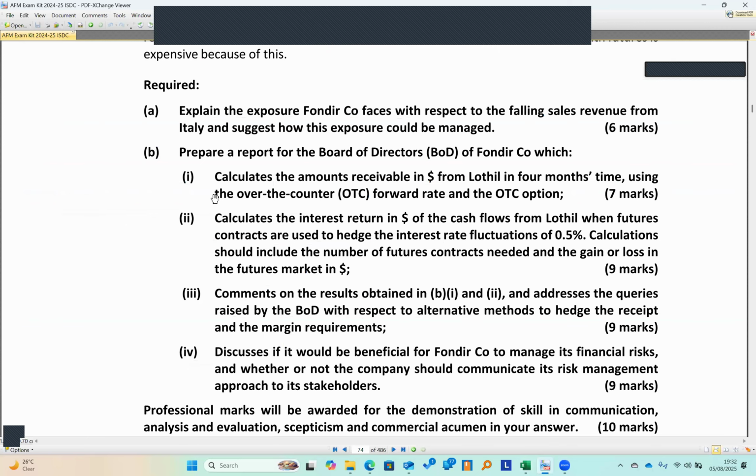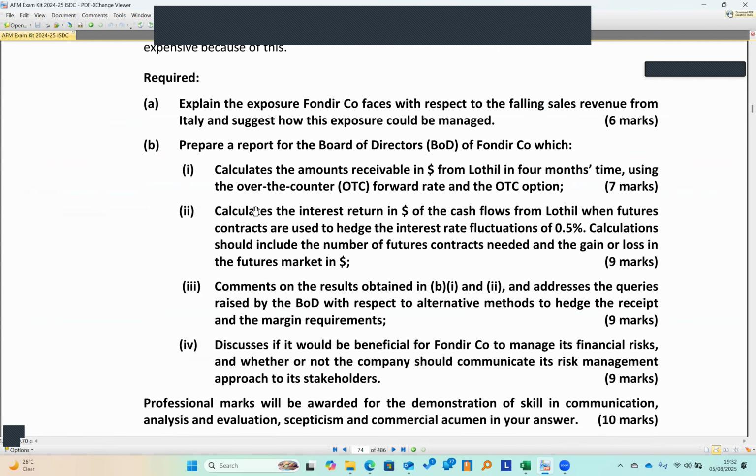Now the second part, of course, is the one of the report. As we said, you have to say a report to the board of directors. Then you say this report calculates the amount of dollar receivable from the 4 months' time using the two options available, looks at how the future receipt would be invested based on the futures contracts and options.